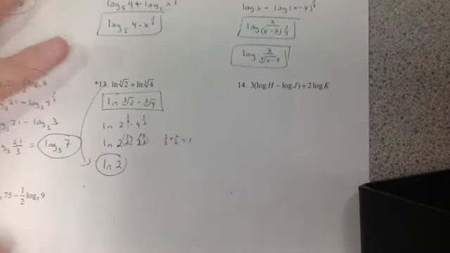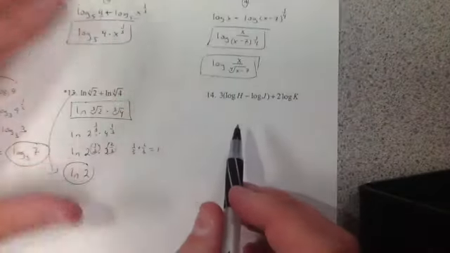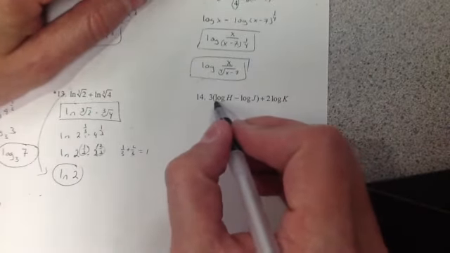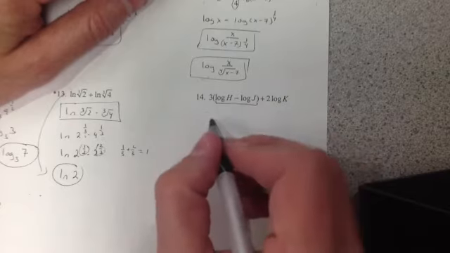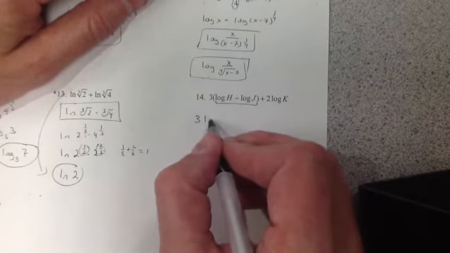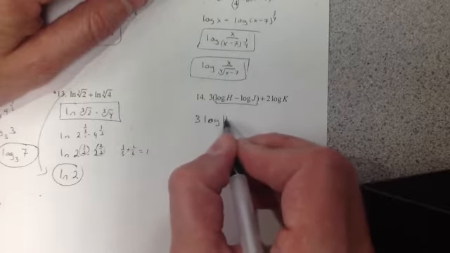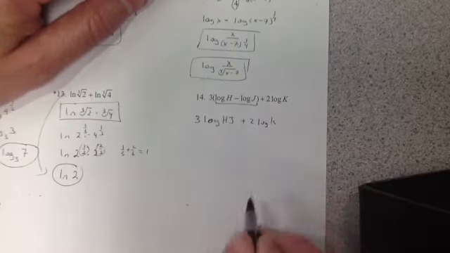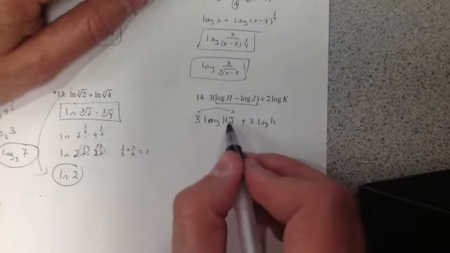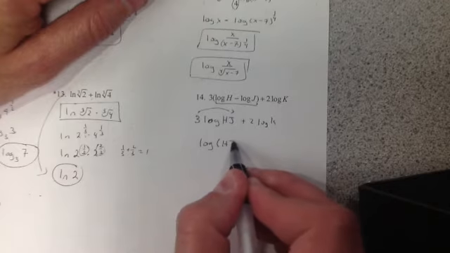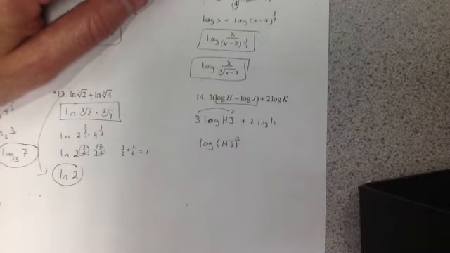Anytime you recognize your base can be written as the same, you should always do that. Alright, for number 14, just using the properties. Order of operations, take care of the inside first. We're going to get 3 times the log of hj plus 2 log k. Bring the 3 up, but you got to be careful. This becomes hj cubed.